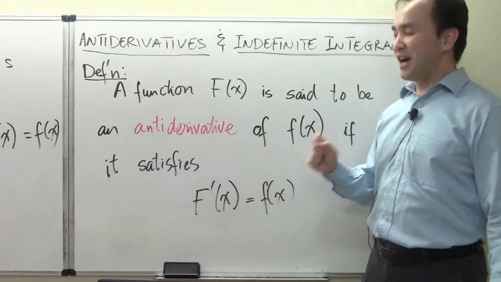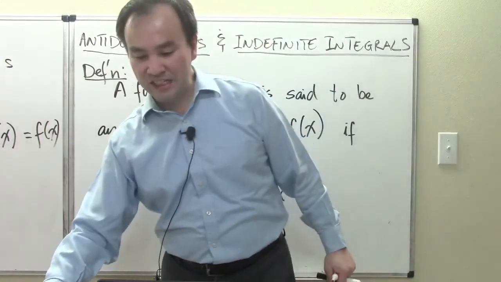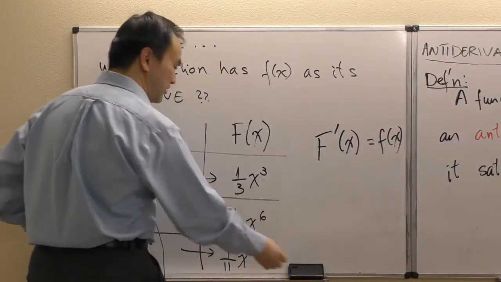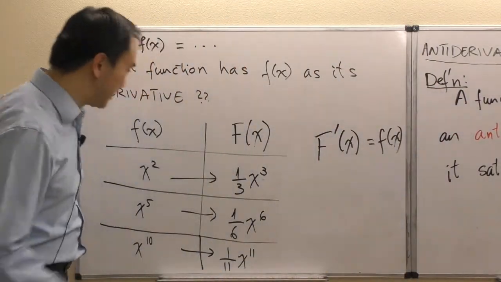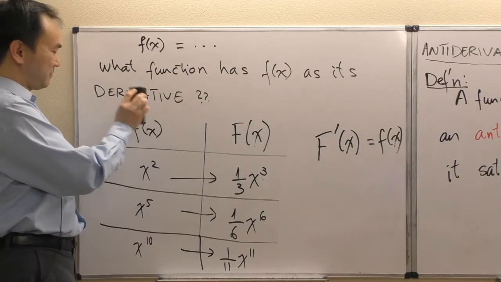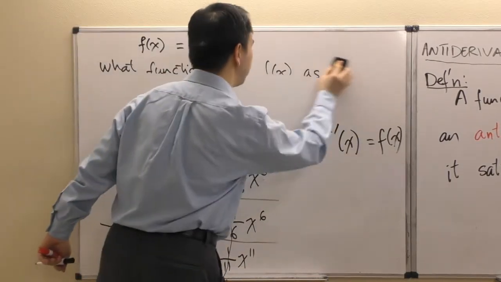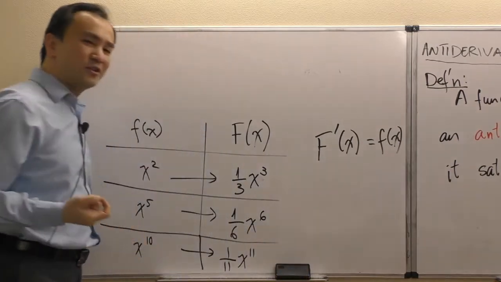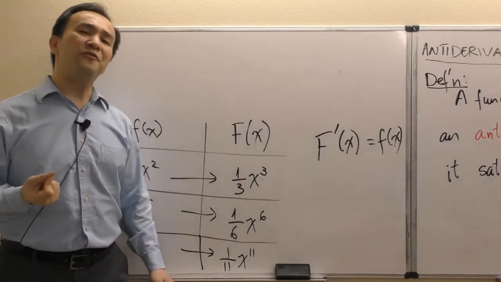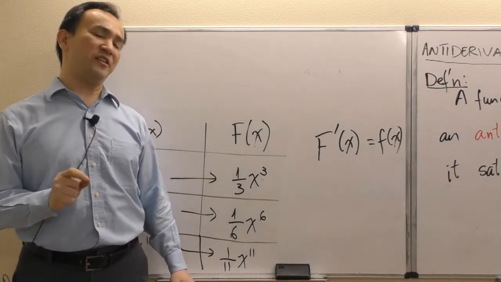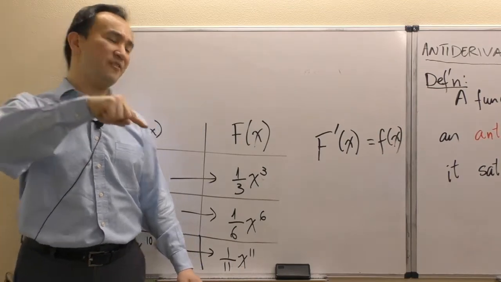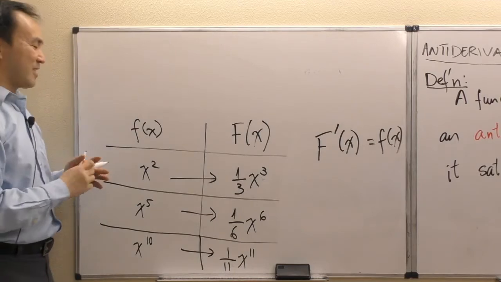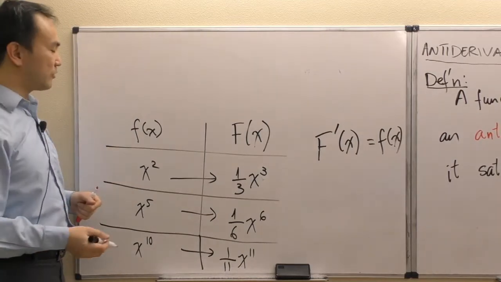Okay, and so now we can formally get back to the other board where we showed a chart. Now we can legally have a name for these. At this point, I feel safe to erase this question, because anyone now knows that when you're finding an antiderivative of a function, you're just searching for a function having our given function as its derivative.